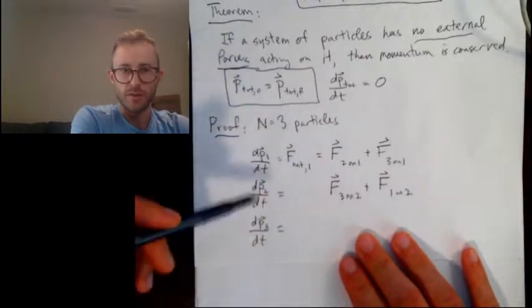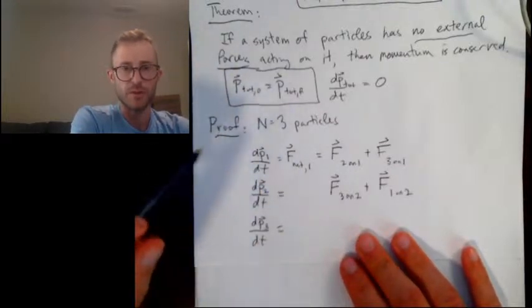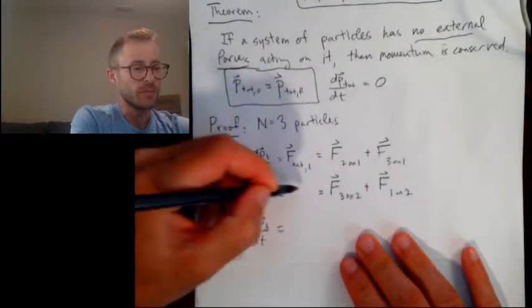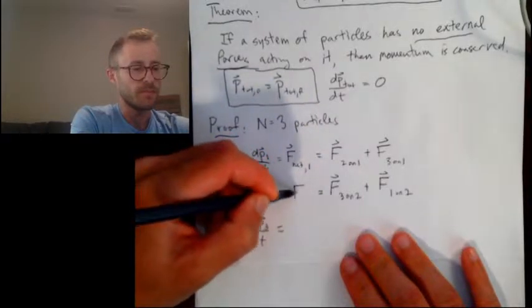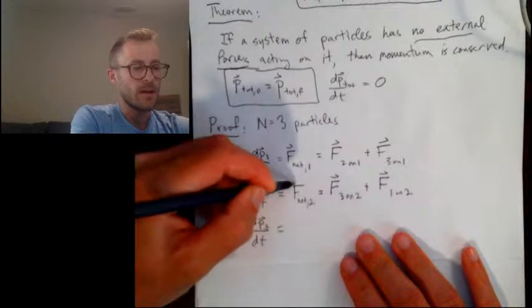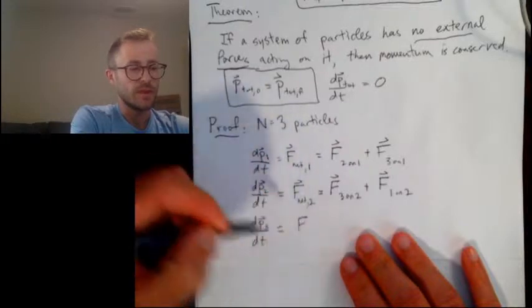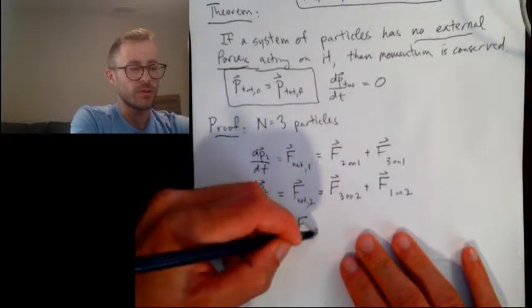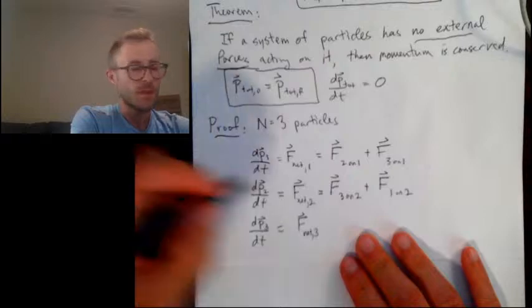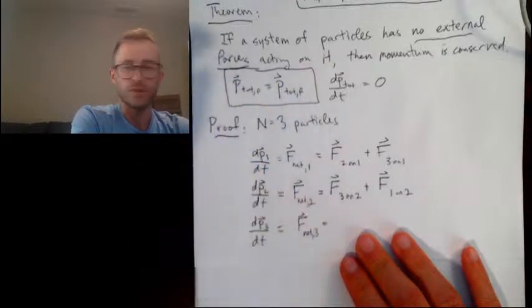Now, if we look at the derivative of the third particle's momentum with respect to time, that's going to be equal to the net force on the third particle. Now, what could exert a force on the third particle?